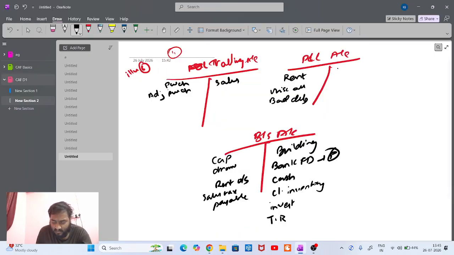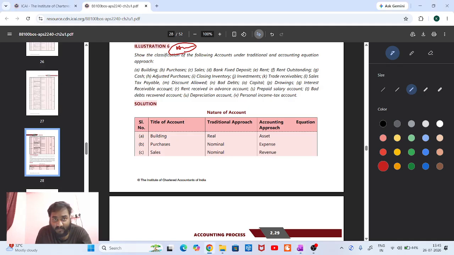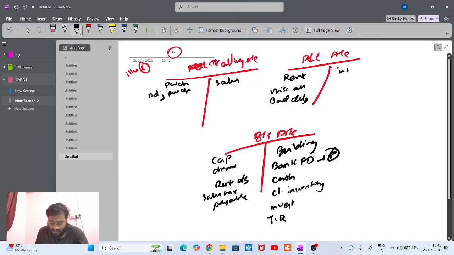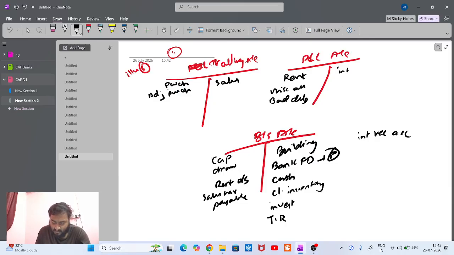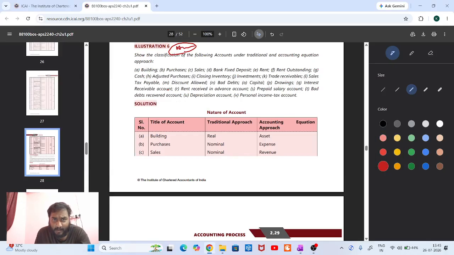Interest receivable account, so it is an asset. Rent received in advance.